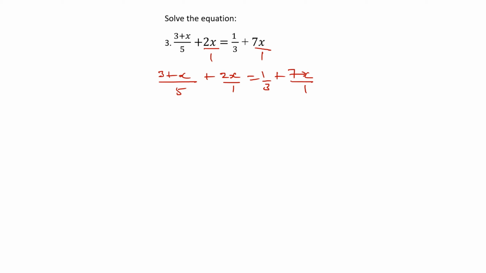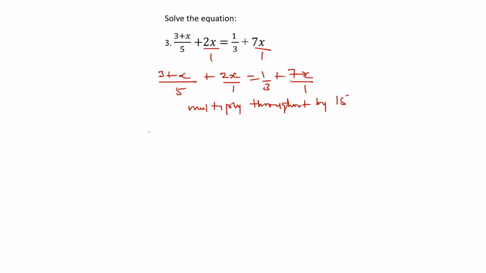So multiply throughout by the LCM, multiply throughout by 15. So we're going to multiply here by 15, multiply here again by 15, multiply this by 15, and multiply this by 15.